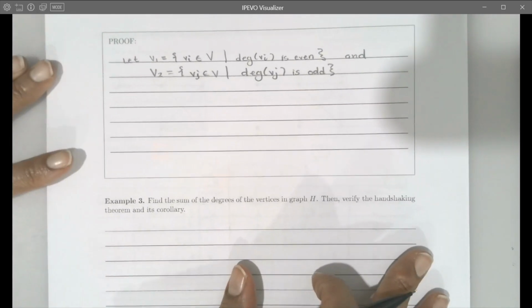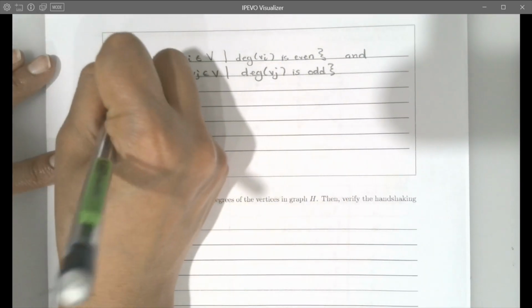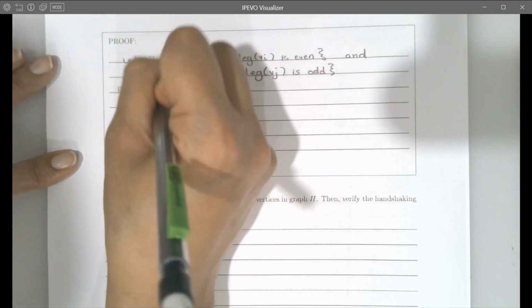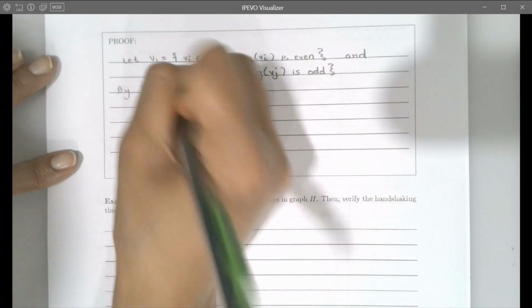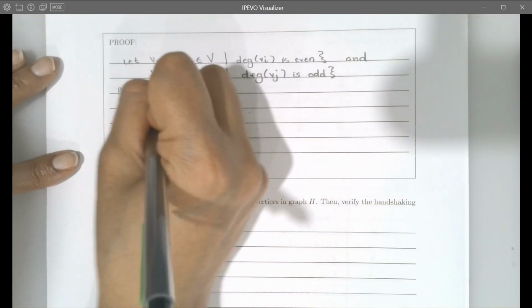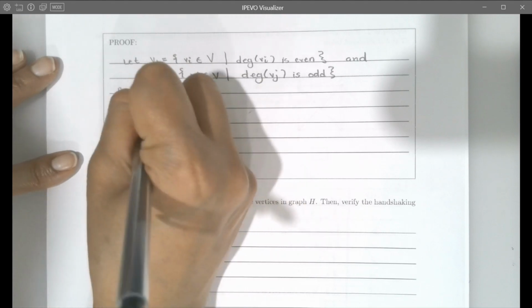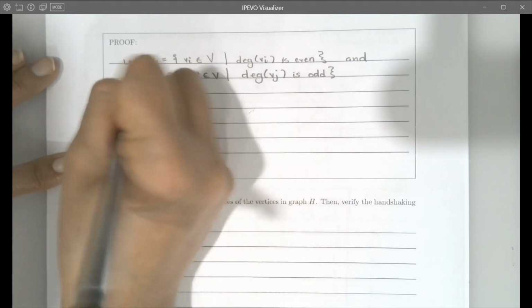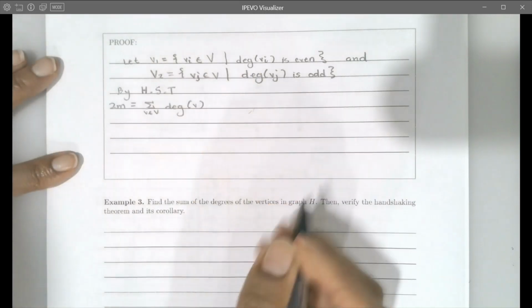Now, from the handshaking theorem, which I'm going to abbreviate HST, by the handshaking theorem, the sum of the degrees has to be equal to 2m, 2 times m.